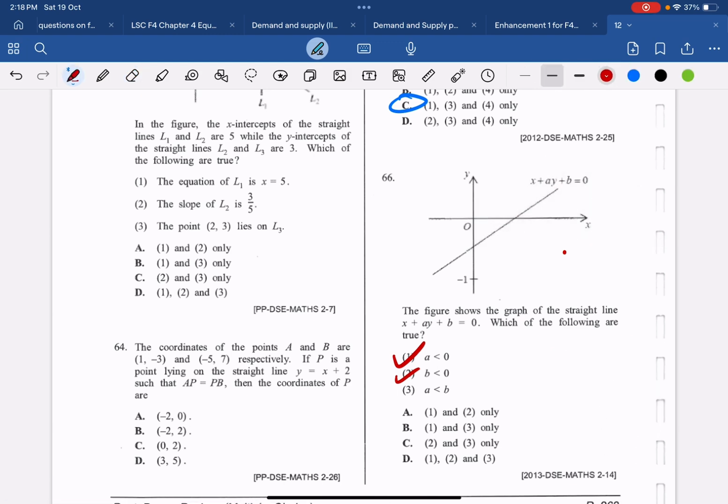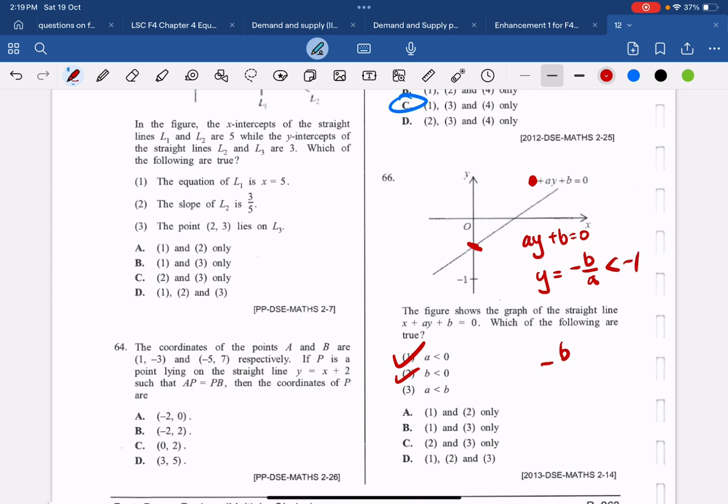y-intercept. So you can see actually these questions are just similar. Just check slope, x-intercept, and y-intercept. And then let's see. Y-intercept means x goes 0. So all we have now is ay plus b equals 0. So y equals negative b over a. But can you see that the y-intercept is smaller than negative 1.